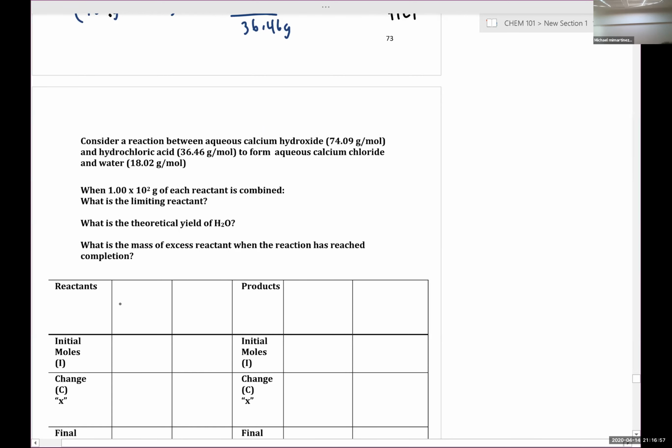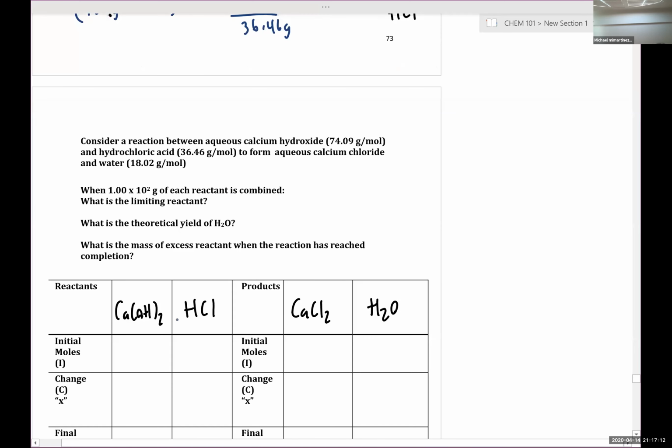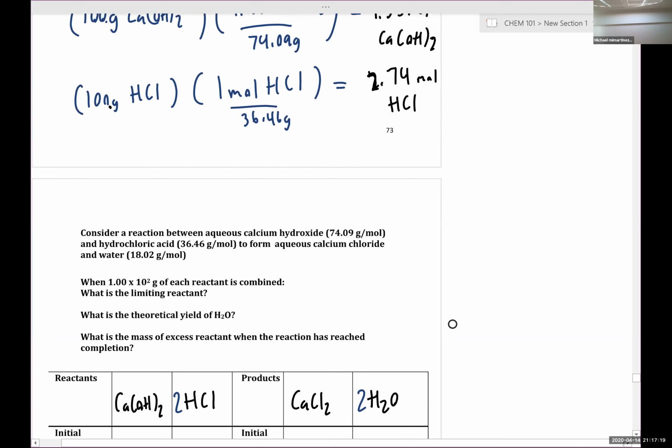So we have our calcium hydroxide reacting with hydrochloric acid to yield calcium chloride and water. We're going to now fill in our reaction coefficient. So we have a 2 in front of HCl and water, and we're going to fill in our initial moles.